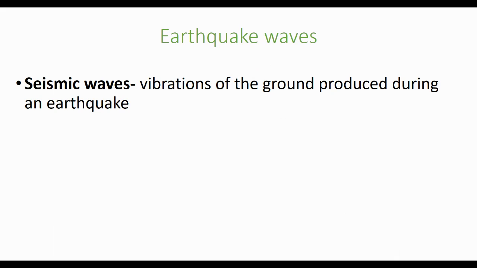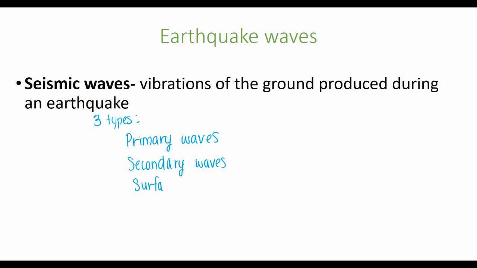Okay. So earthquake waves, we have seismic waves, which are vibrations of the ground produced during an earthquake. And every earthquake has 3 types of waves. We have primary waves, secondary waves, and surface waves.